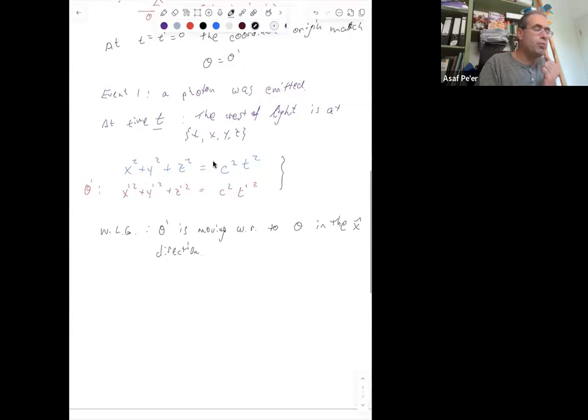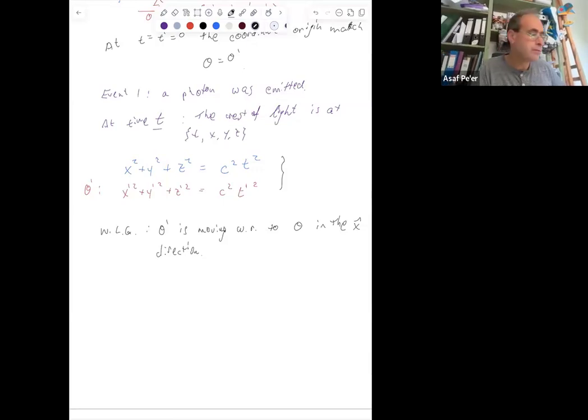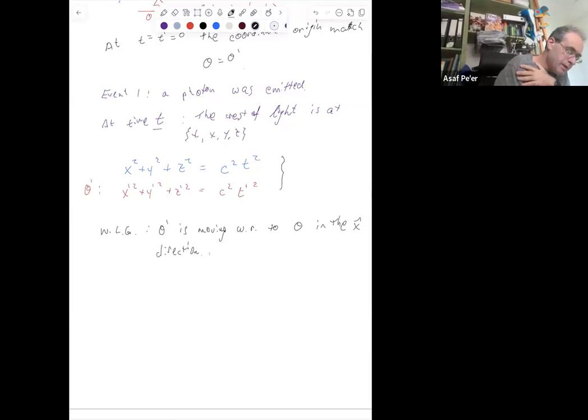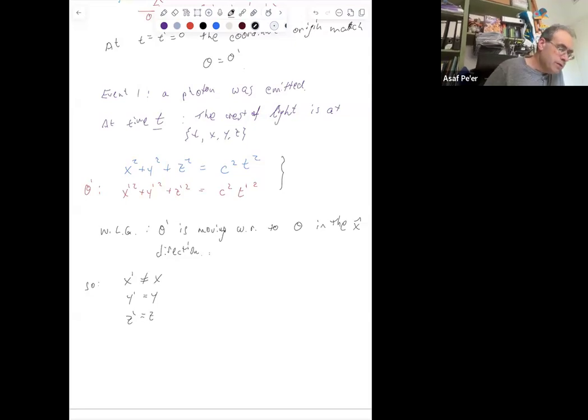Okay, so now we said that O prime is moving with respect to O in the X direction. So what does it mean? It means that by definition, X prime is not the same as X, but Y prime is Y and Z prime is Z. So from these equations we must have that T prime is not equal to T, which is quite straightforward.